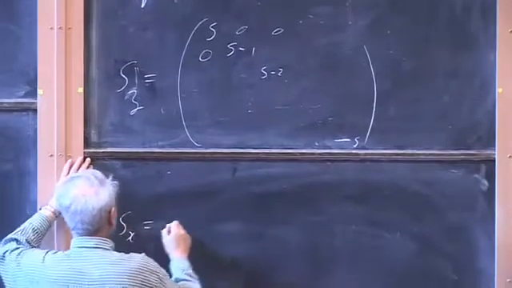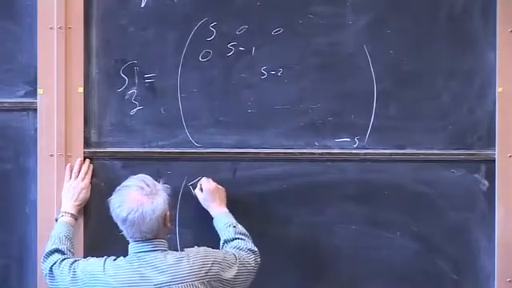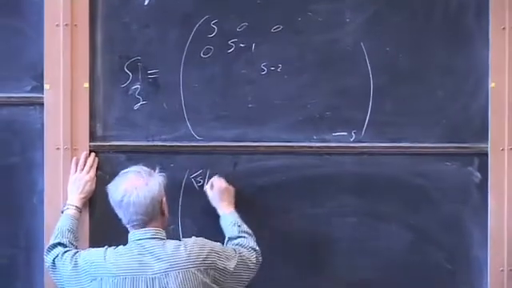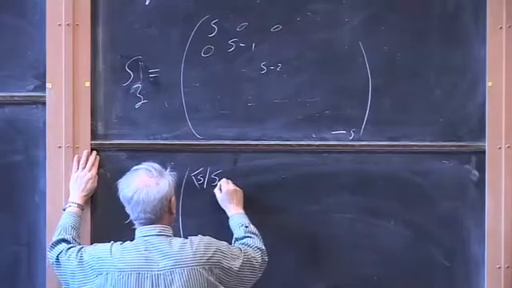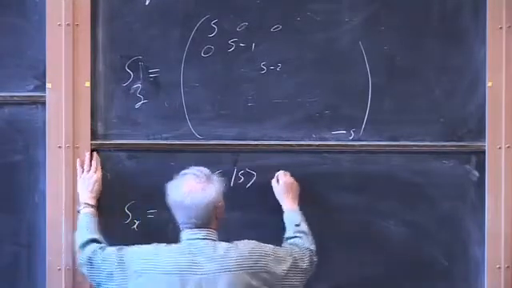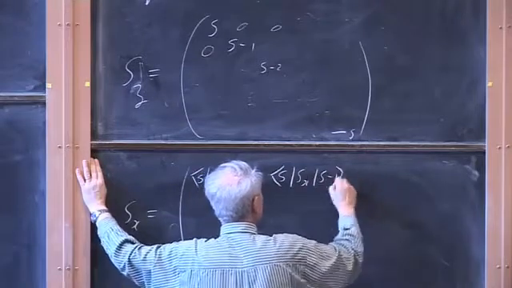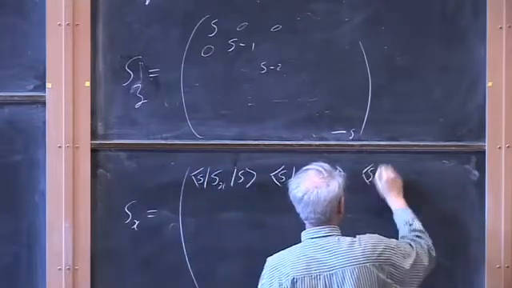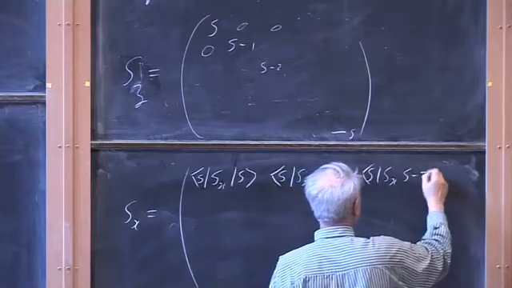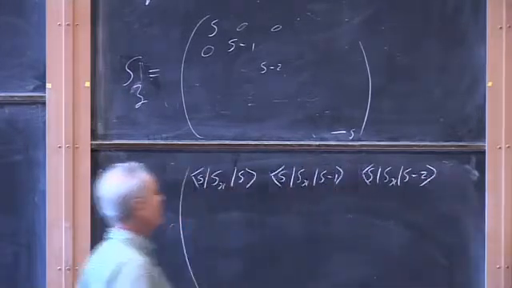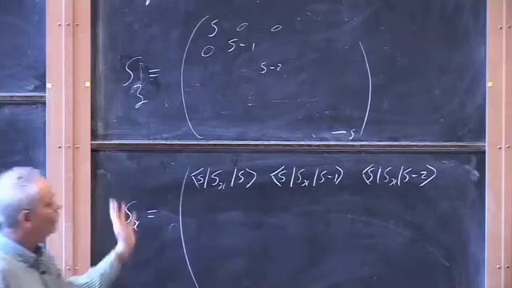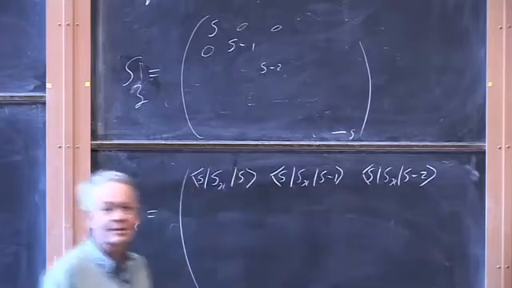Sx is going to be, here we will have the state S, then here we will have S, Sx, S minus 1, and so on. S, Sx, S minus 2. If you want to apply this in classical physics, this matrix will be on the order of 10 to the 30 something by 10 to the 30 something.